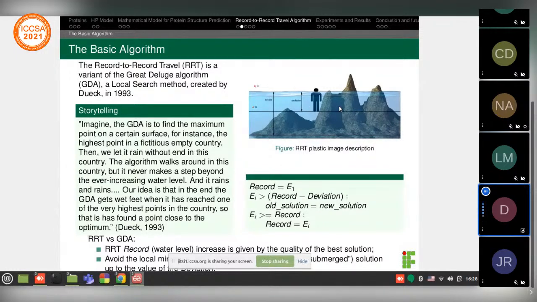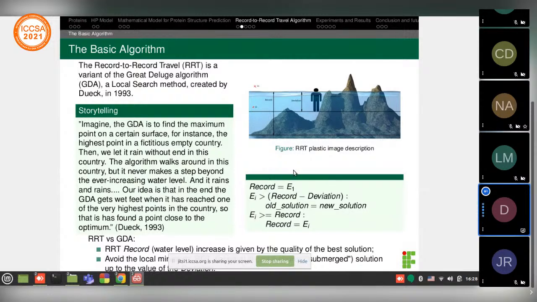So the algorithm described here is, very shortly: first set the deviation above the water, and for each iteration a perturbation is applied to the old solution. If energy of the new solution is lower, that means that it is better than the old one.